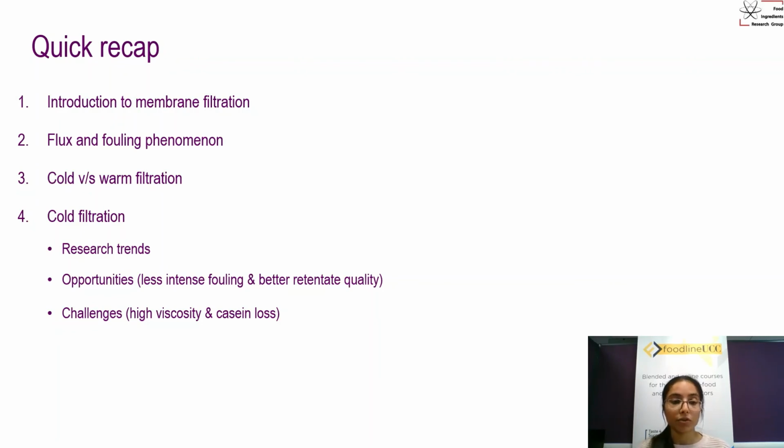Then we looked into cold filtration, research trends, and stakeholders validated interest in this technology. Later, we reviewed various opportunities of cold filtration related to membrane fouling and ingredient quality, and its challenges associated with casein loss and possible technological solutions to tackle those challenges.